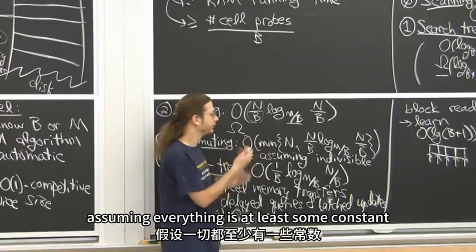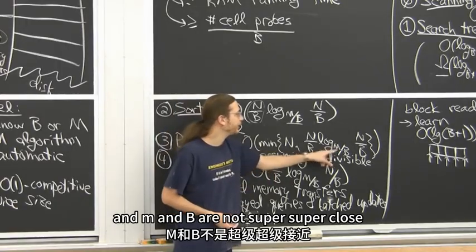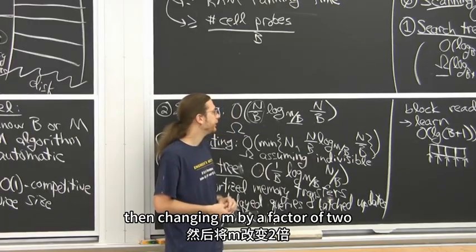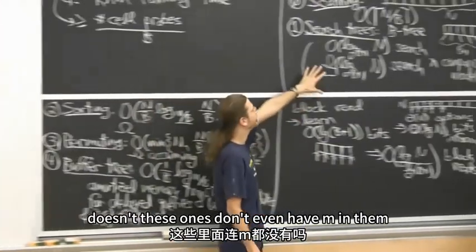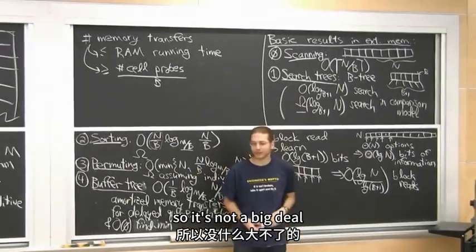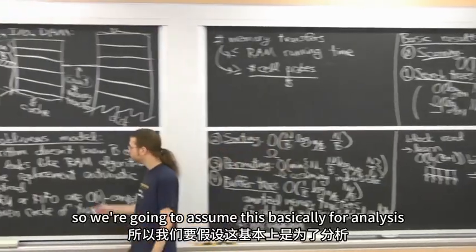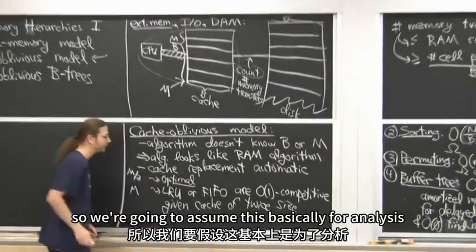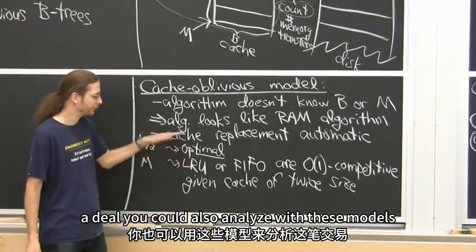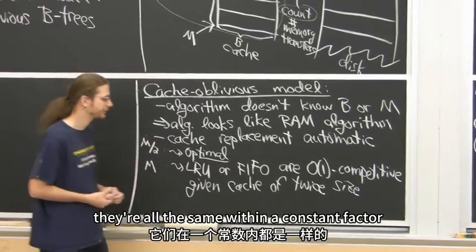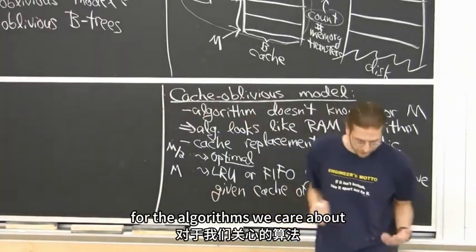Assuming everything is at least some constant, and M and B are not super close, then changing M by a factor of 2 doesn't affect these bounds. These ones don't even have M in them, so it's not a big deal. So we're going to assume this basically for analysis. It's not really that big a deal. You could also analyze with these models. The point is they're all the same within a constant factor for the algorithms we care about.